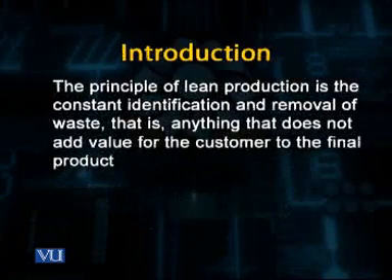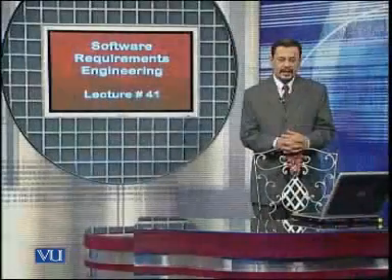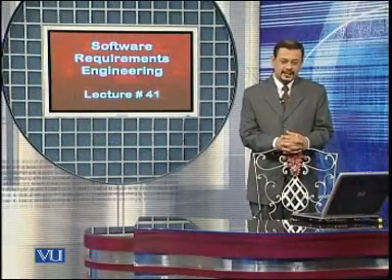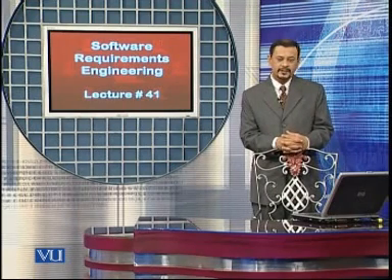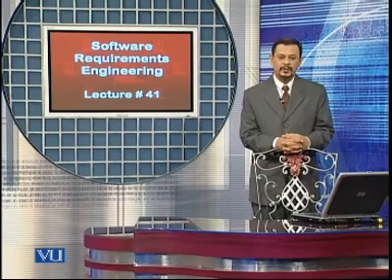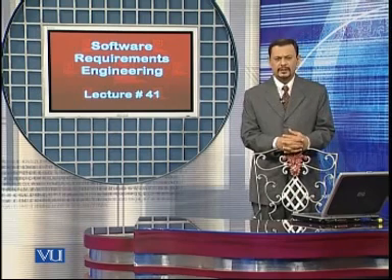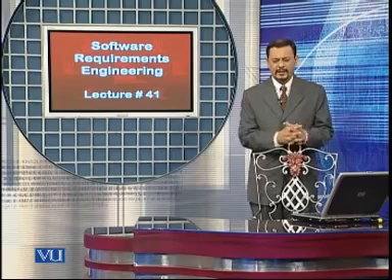The principle of lean production is the constant identification and removal of waste. So what is waste? Waste is anything that does not add value for the customer to the final product. This is a very different approach from our traditional software development methodologies, and we'll talk about this in a little while.